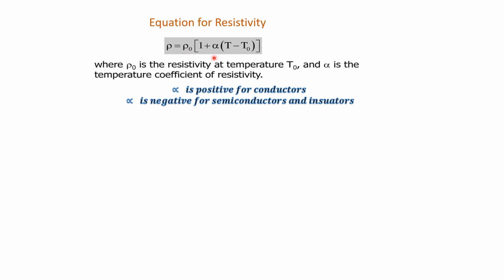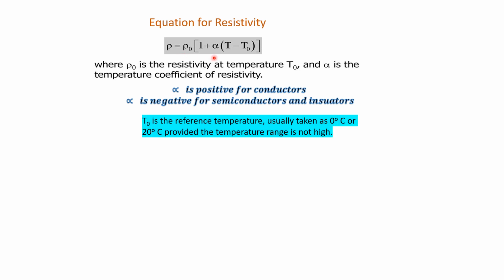So it shows us that the resistivity decreases with increase in temperature. Now T naught here, as we mentioned earlier, is the reference temperature, usually taken as 0 degrees Celsius or 20 degrees Celsius, provided the temperature range is not high. So the difference in temperature, that range, has to be well maintained to use this equation.